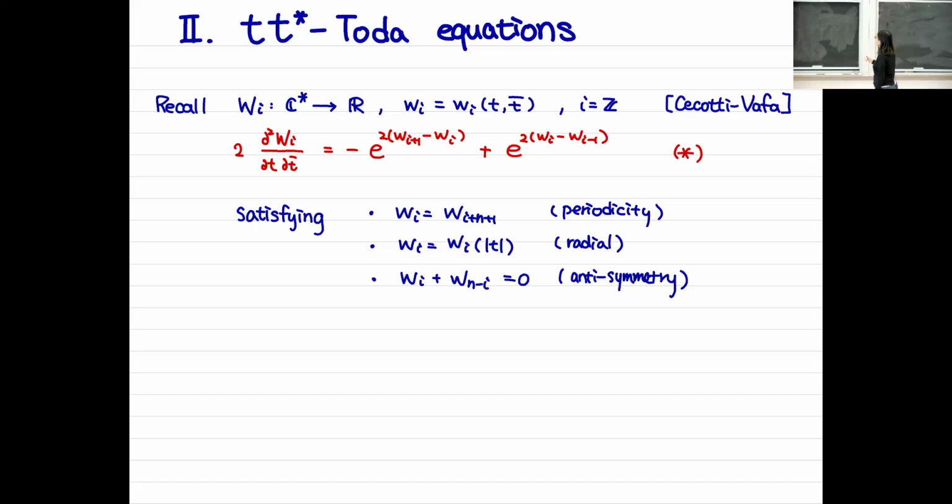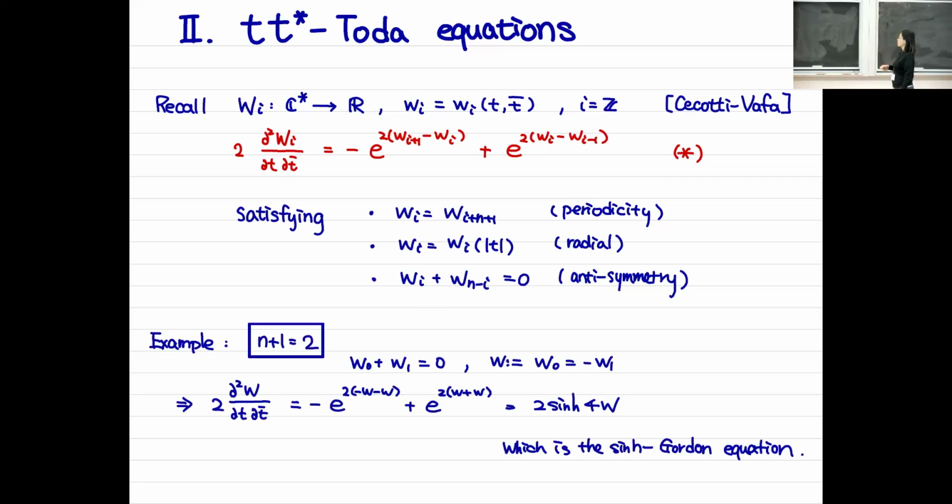Okay, so the important condition is that it's radial. Even though this is on C star, it only depends on the distance from 0 to that point, not the angle, and it satisfies this anti-symmetry condition. For the lowest rank, that's the sinh-Gordon equation, which was discussed in detail in Cecotti and Vafa's original paper.